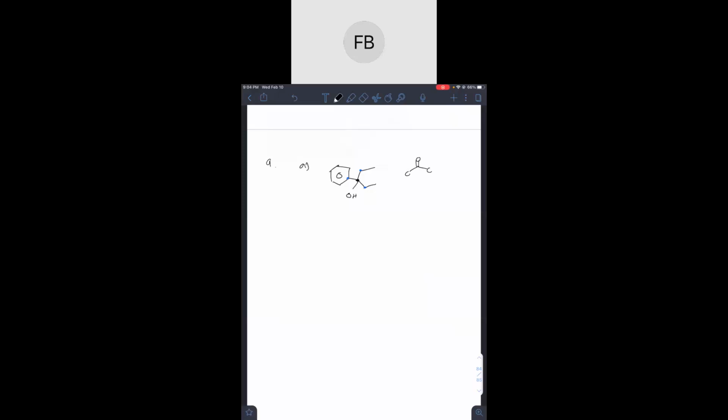I'm just going to make the assumption that these were like this, and that the Grignard reagent was like this. That's the way that I prefer to think about it. But you really could do anything.